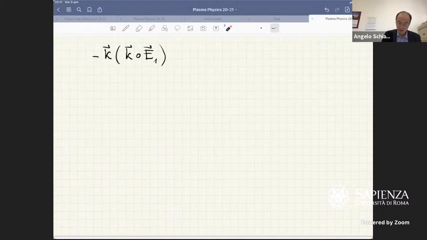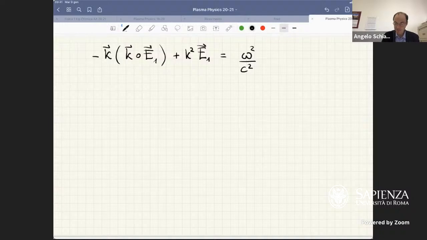So we have a plus k squared times the electric field equal to omega squared over c squared times the dielectric function epsilon times the electric field E1. Okay, this is important.